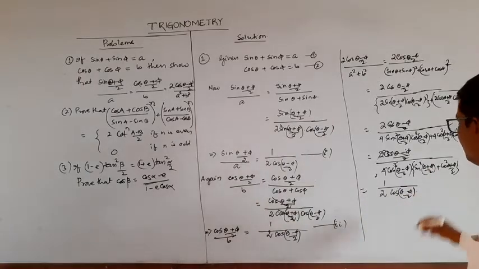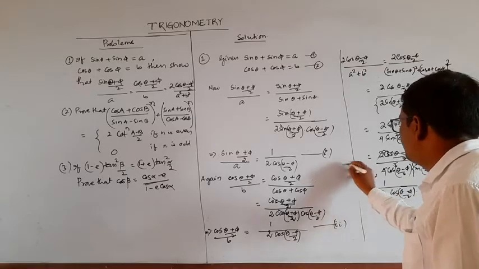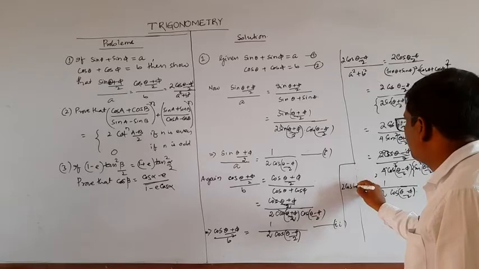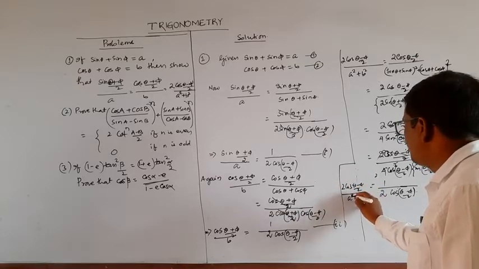So this is the value of 2 cos(theta minus pi by 2) divided by a square plus b square.